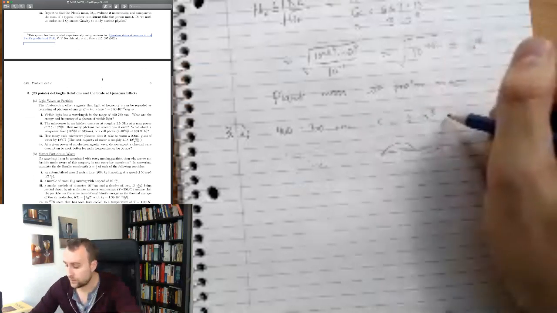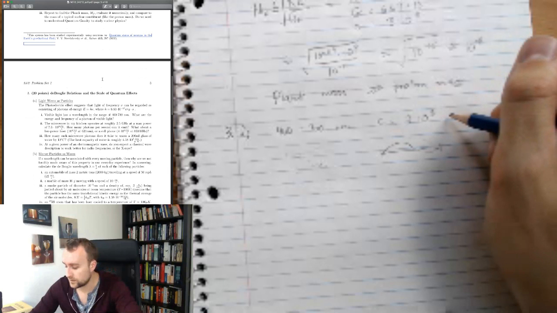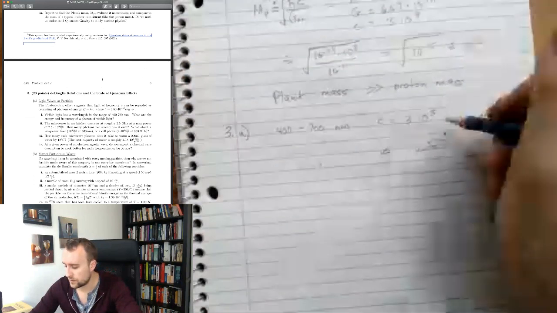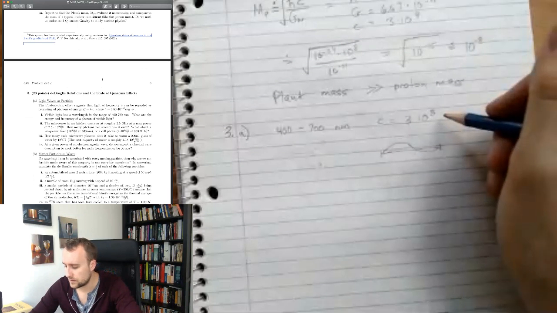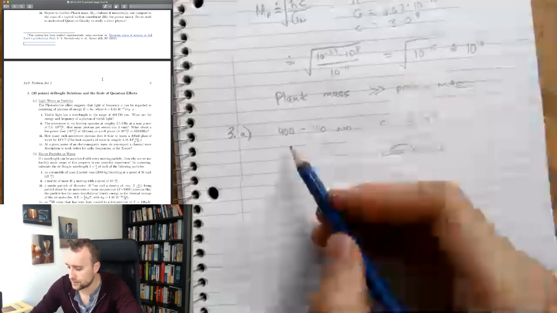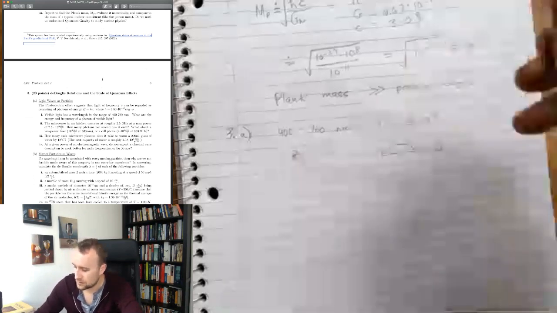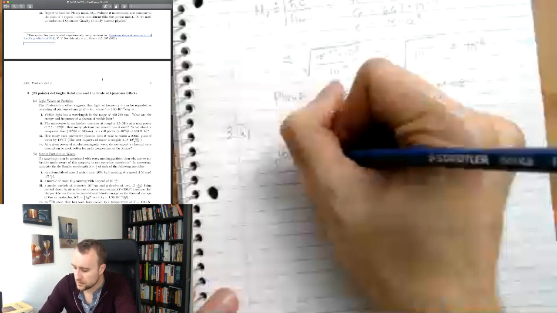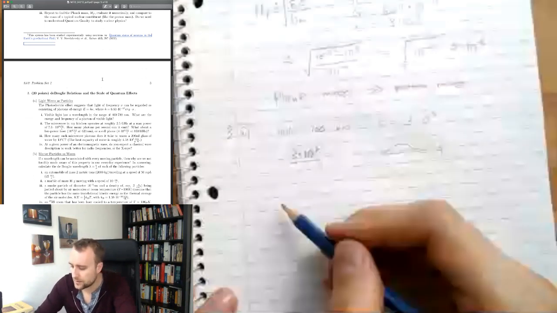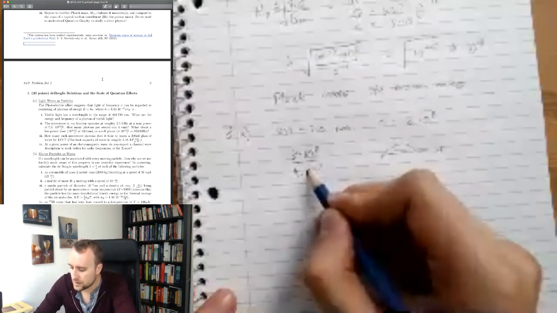If it goes this far in 1 second, then how many times did it go up and down in 1 second? So that's 3 times 10 to the 8th divided by 4 times 10 to the negative 7.